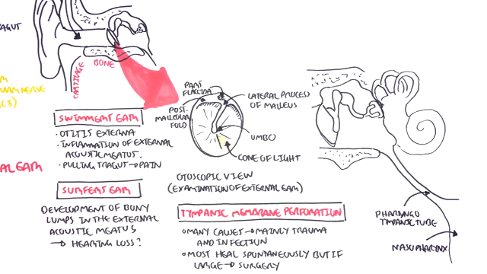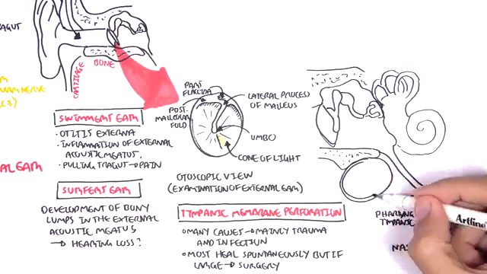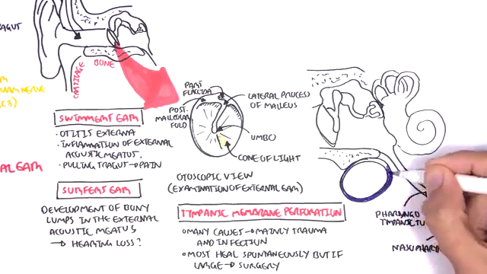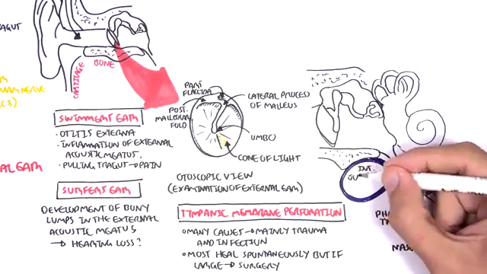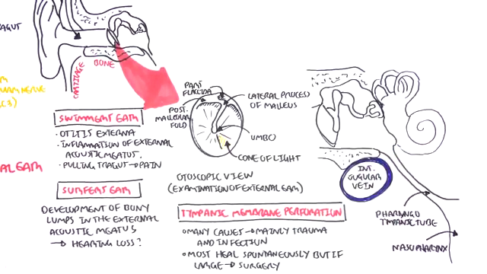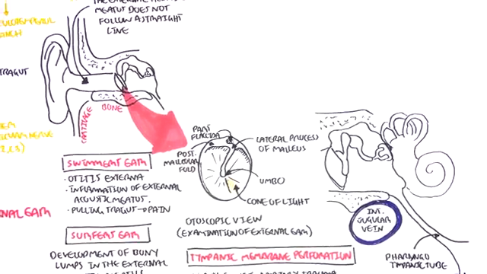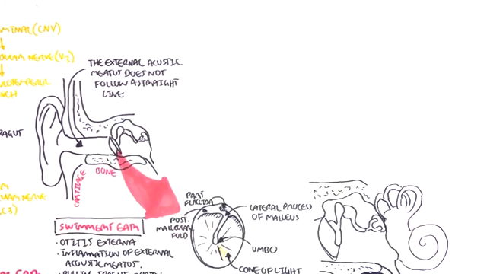An important part of the pharyngotympanic tube is that in children it is more horizontal and shorter, and thus children are more susceptible to middle ear infections that arise from the nose or the mouth, and can travel up to the middle ear. Anyway, inferior to the middle ear, you can find the internal jugular vein. And this will lead us to the next topic, which are the boundaries of the middle ear.